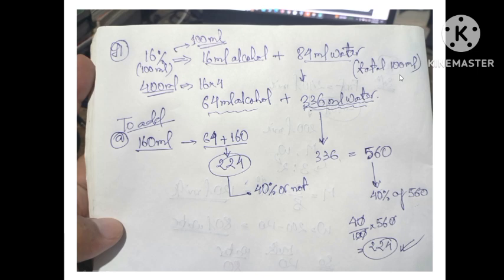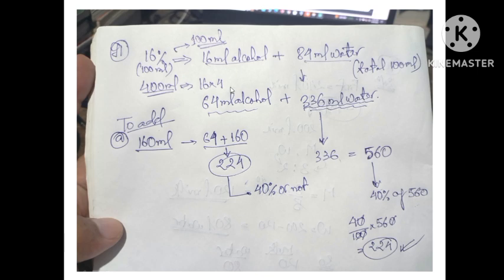Now, 400 ml is the total amount. In 100 ml we get 16 ml, so in 400 ml it will be 16 into 4, which is 64. Same way for water: in 100 ml it is 84, so in 400 ml it will be 84 into 4, that is 336. Got it?